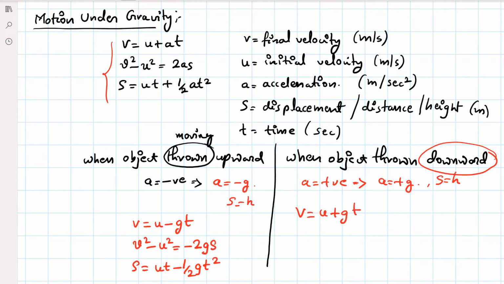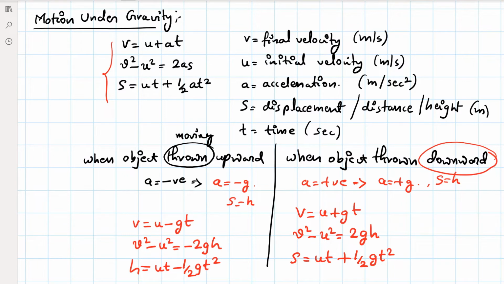So here one mistake I made, that should be H. Here also it should be H. So V is equal to U plus GT, V square minus U square is equal to 2 into g into h, then we have s is equal to ut plus half gt square.